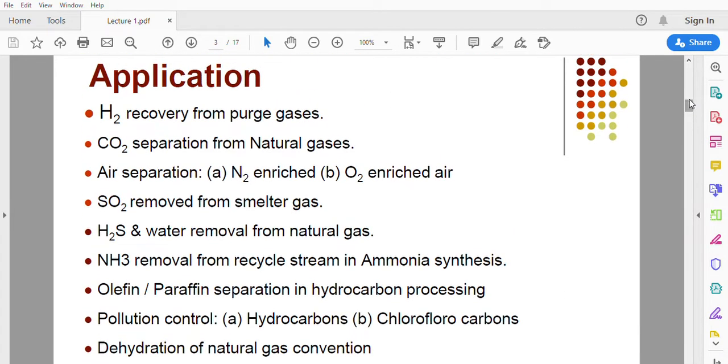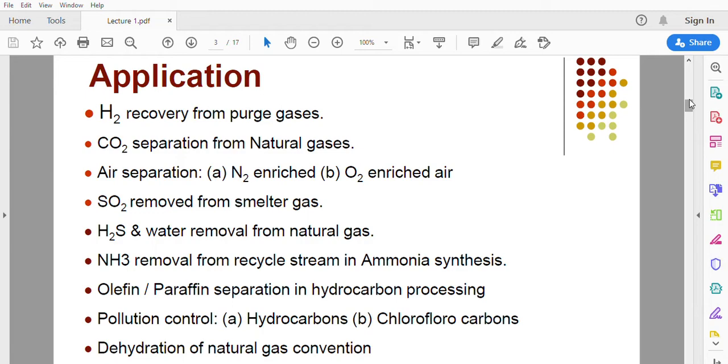Now some applications of membrane based processes for gas separation. First is H2 recovery from purged gases. What are purged gases? Purged gases are used to reduce the temperature of the reaction in reactors, or to make an inert environment in the reactor chamber. Generally we use N2 as a purged gas.